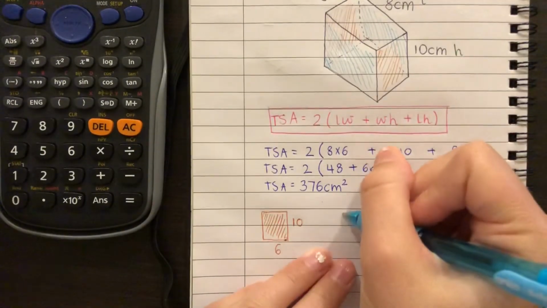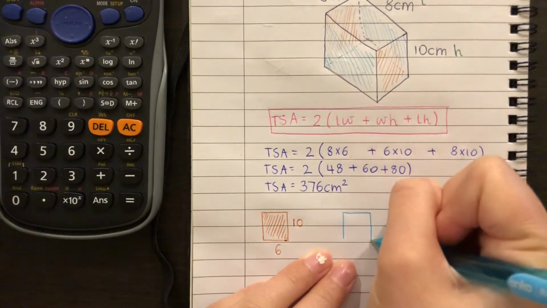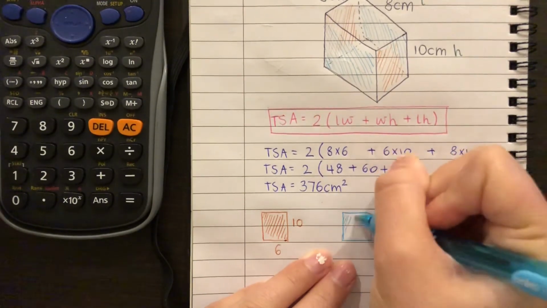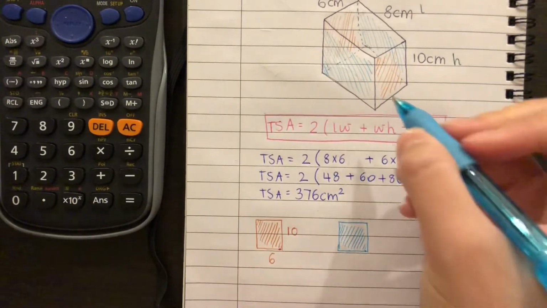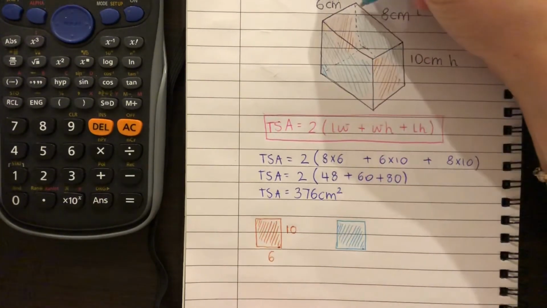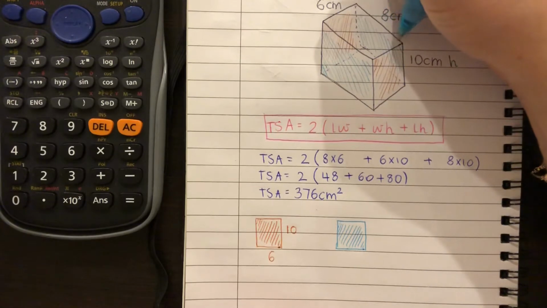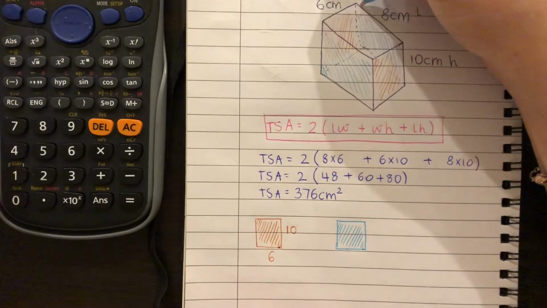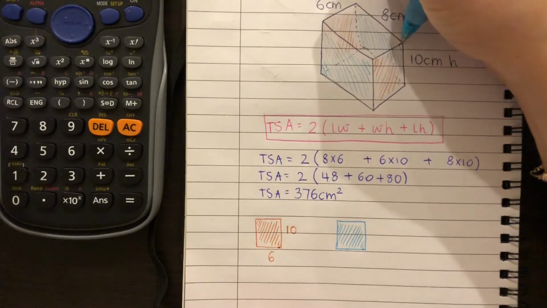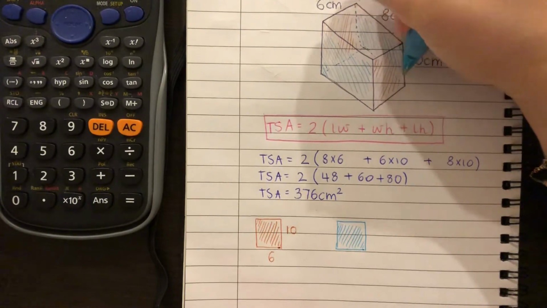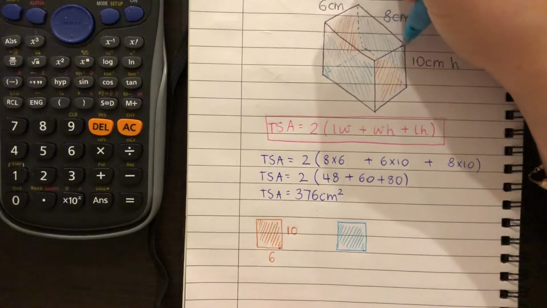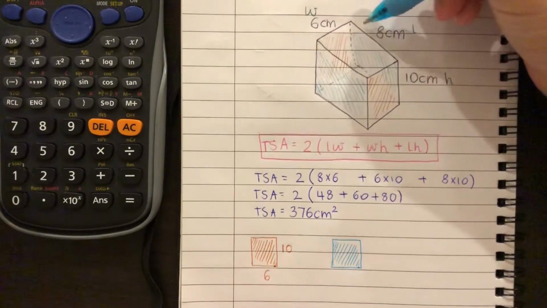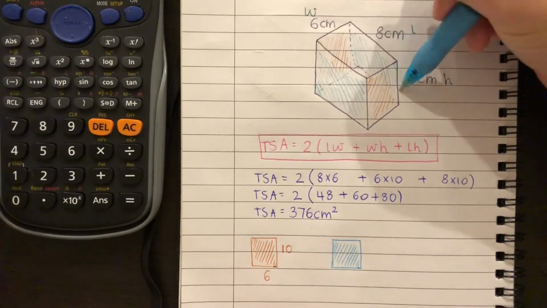So I'll do a blue rectangle. So we have 8 centimeters along here, which is the length, and going downwards, which is the width, we have 10. So this one is an 8 by 10. Okay, we have an 8 by 10 rectangle.